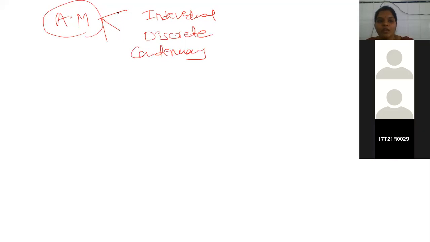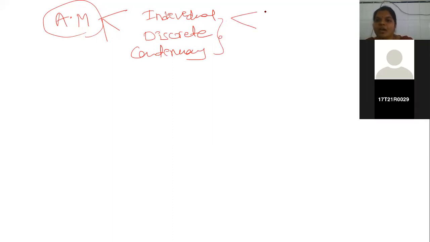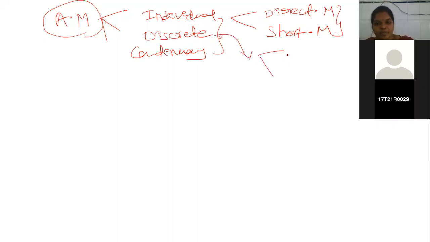In individual observations we have two types, direct method and shortcut method. Till this part I discussed in the last class, and for discrete series you again have two types, direct and shortcut method.